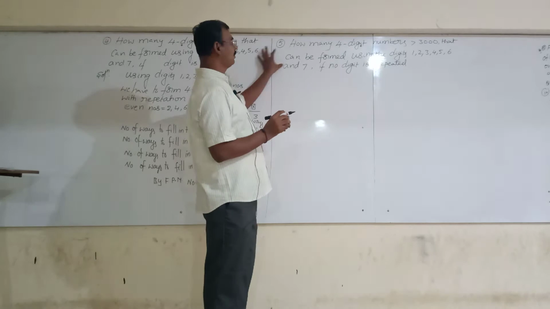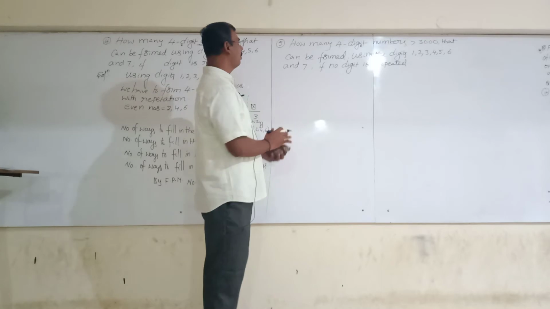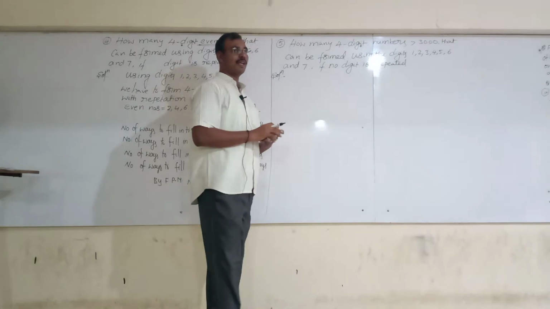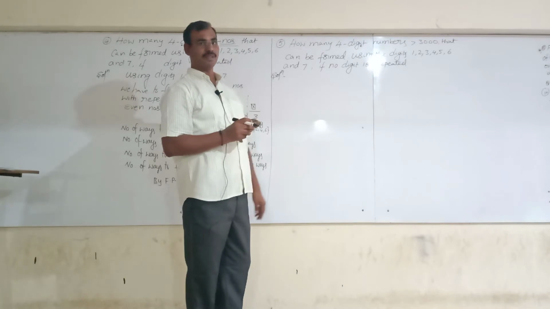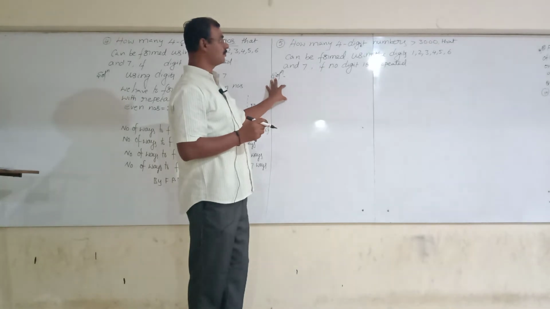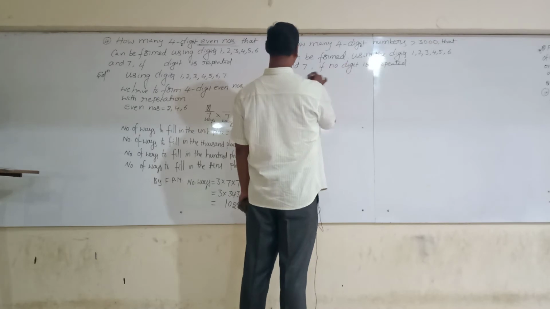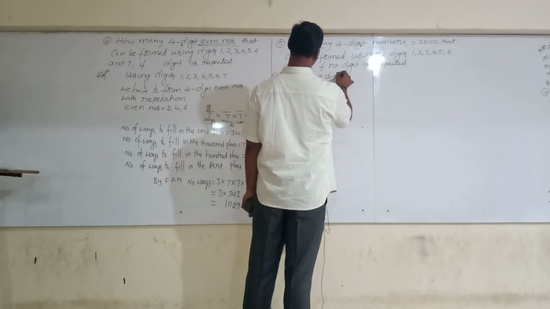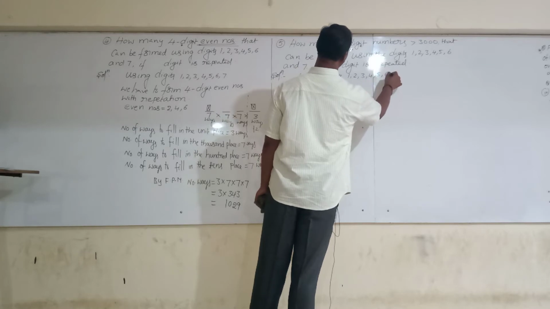So this is exactly similar. Here, what is the primary condition? What is the general condition? In this problem the primary condition is 4-digit numbers more than 3000. So first I take the given digits: 1, 2, 3, 4, 5, 6, 7.